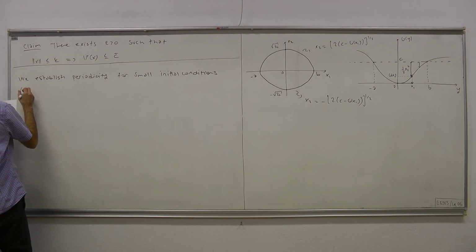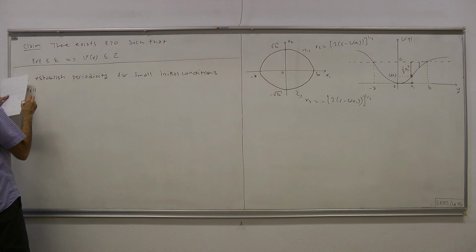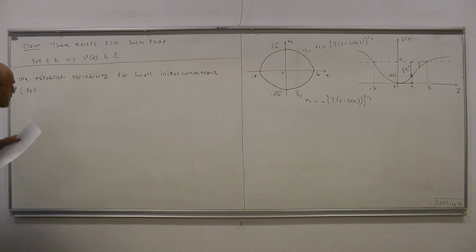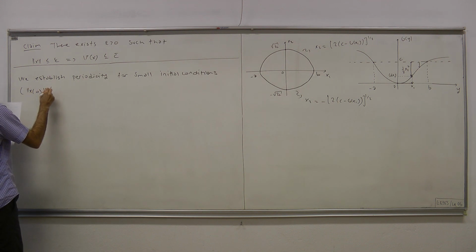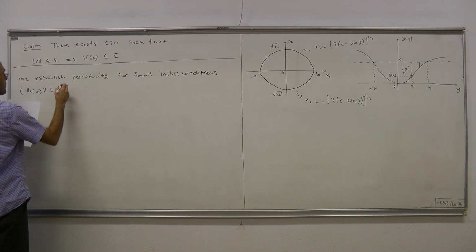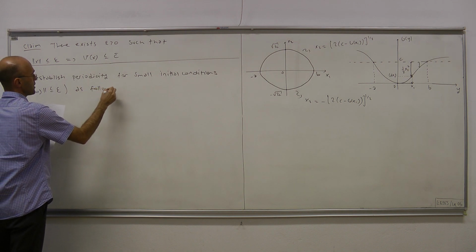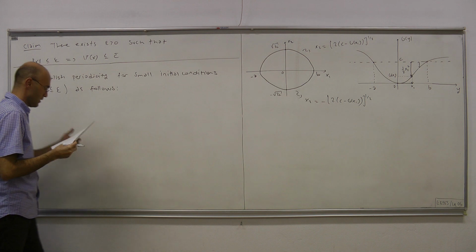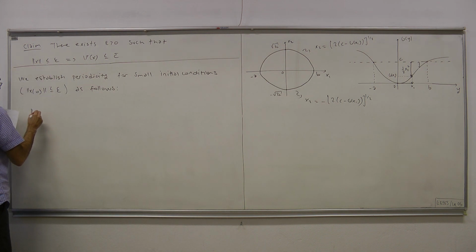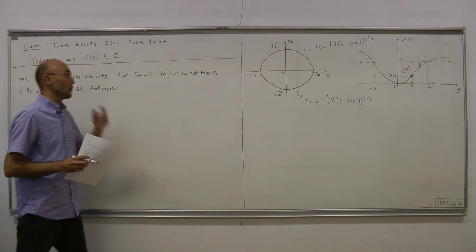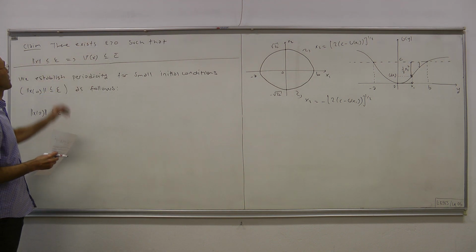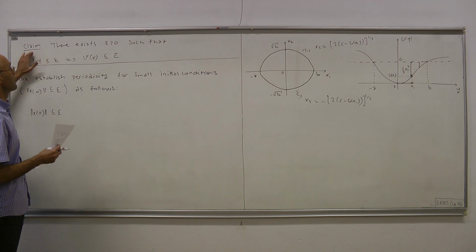By small initial conditions we mean choose the norm of x initial less than or equal to epsilon. Okay, and our argument or reasoning goes as follows. Now choose the initial condition less than or equal to epsilon, and epsilon is constructed in the proof of the claim.